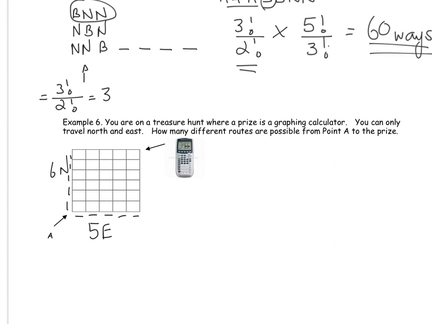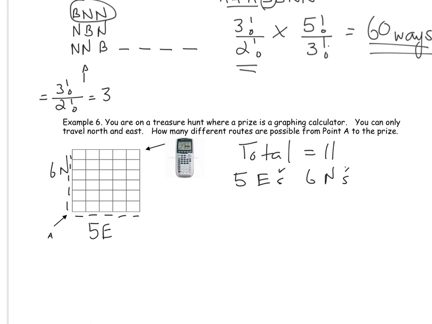So when you do this, you can think of the total number of ways that we can go. In this case, the total is equal to 11, but we have 5 easts and we have 6 norths.